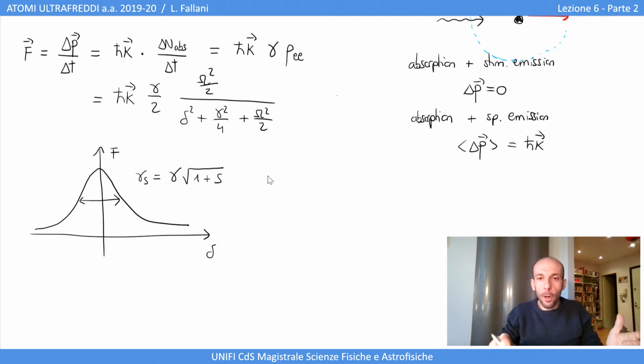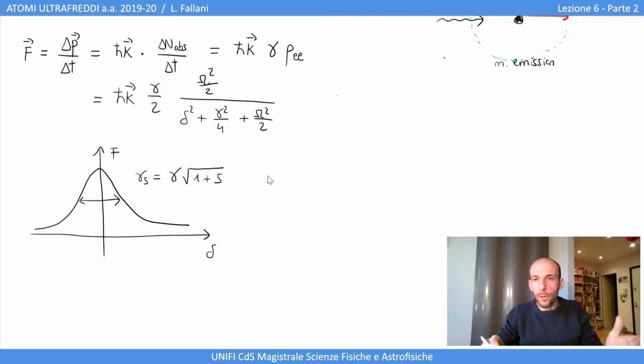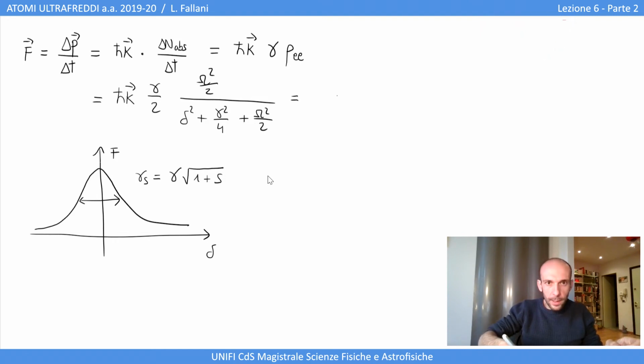This will also be useful in the next lectures in a different way. So we can rewrite this as h bar k times gamma half times s divided by 1 plus s times 1 divided by 1 plus 2 delta divided by gamma square.